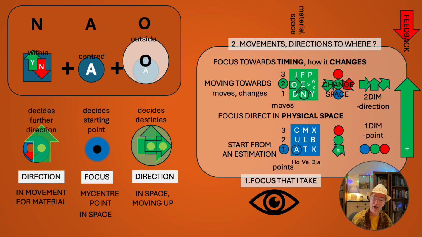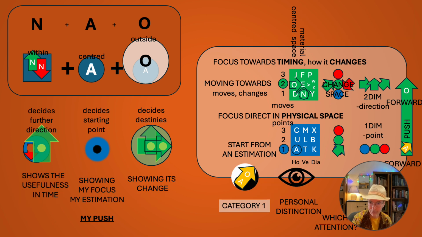It can show, still from its own vision, how much it has grown, so that you can see, okay, with the N as a first letter, how much of it will be there that we can use. That focus is already there. That background idea that I just told you is there in the words, and I will show you later how. But that push from A to O is the maximum of my push, of my personal distinction that I give attention to.